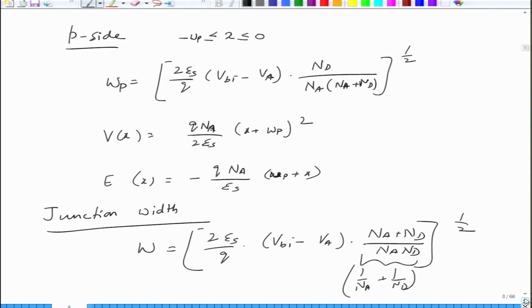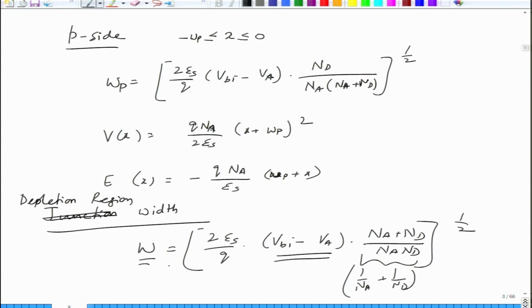So you can see that as you change your applied bias, the junction width, or to be correct the depletion region width, will become narrower when you apply a forward bias, and when you apply negative bias, this value will become larger.